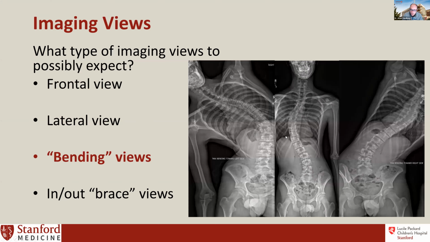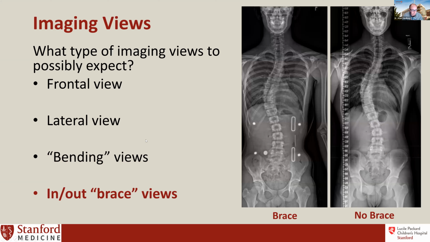Bending views, where we not only get imaging in what we call a neutral positioning, just comfortably standing straight, but asking the kiddo to lean maximally to the left or right. We also might obtain what's called an in and out, quote unquote, brace view, where X-rays will be obtained both with a brace on and a brace off. And on a brace on X-ray, you can't really see it. The only part we see is the actual strap here, where the snaps are.